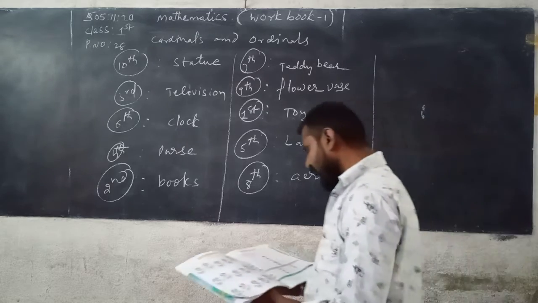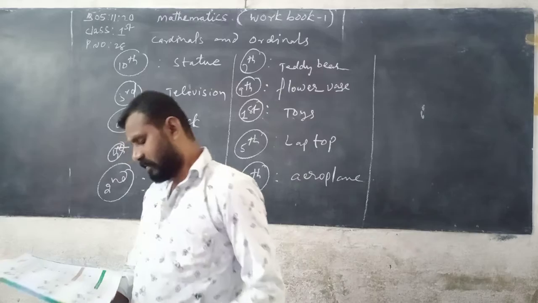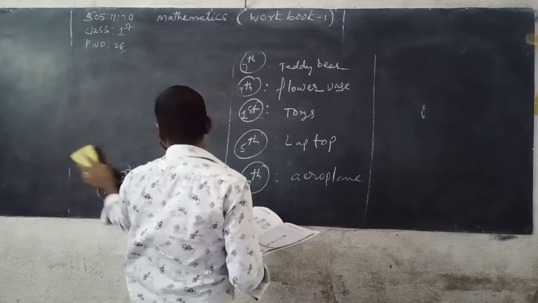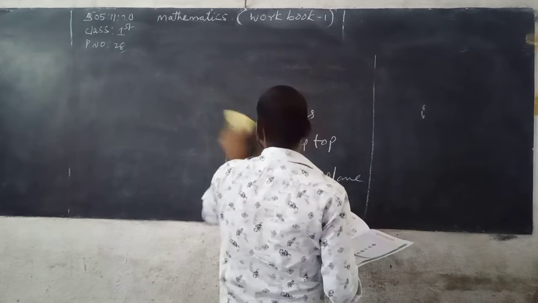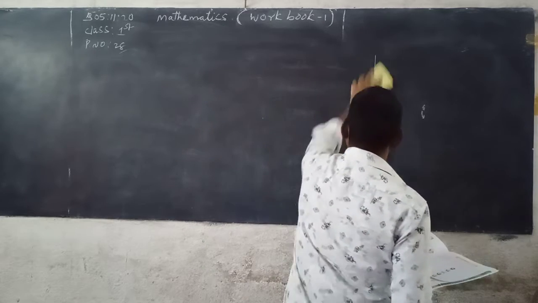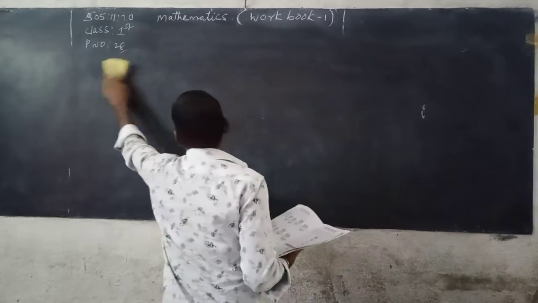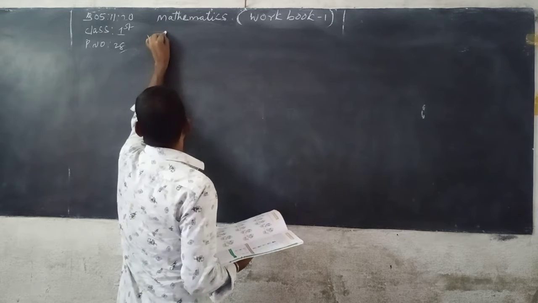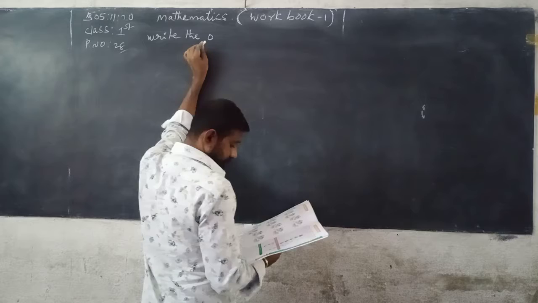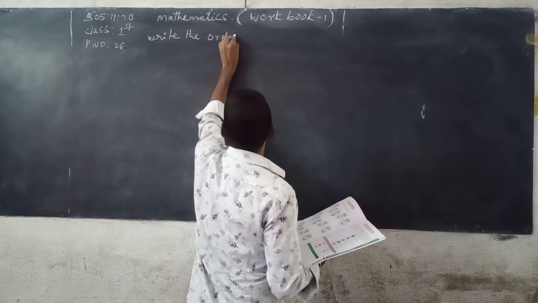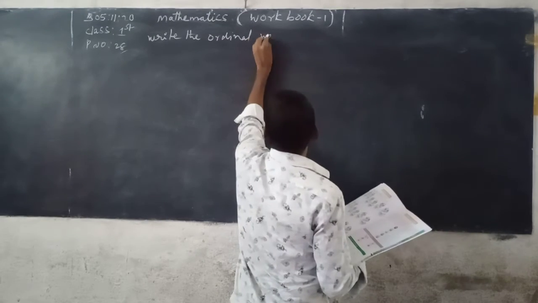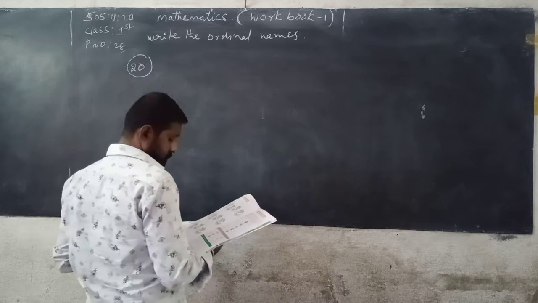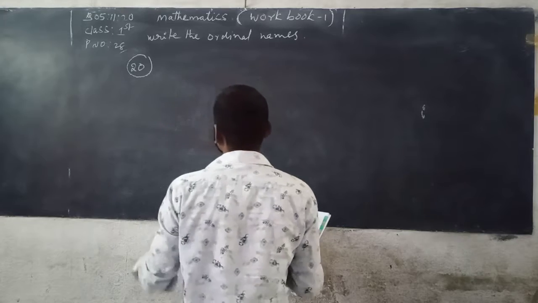Now next, write the ordinal names. You can write 20th.